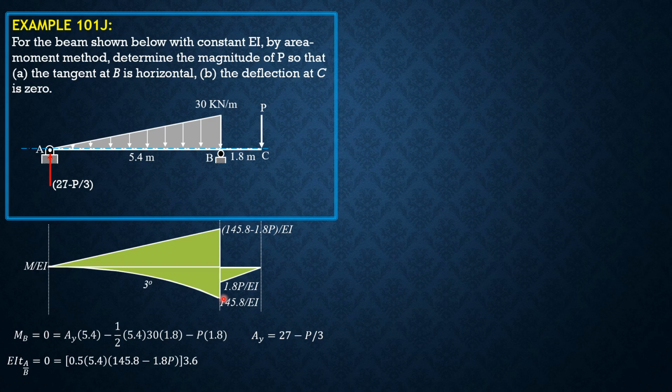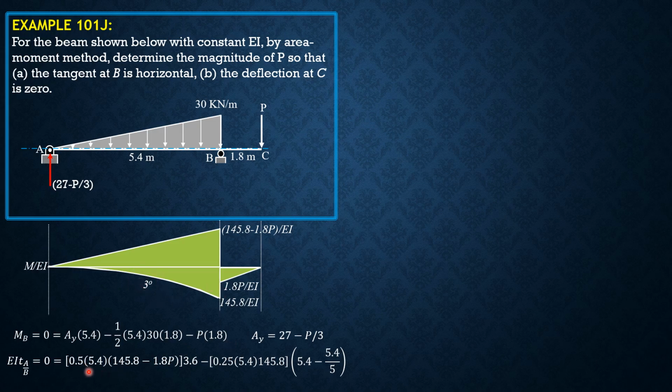Minus the area of this third degree curve, which is 1/4 or 0.25 of 5.4 times 5.4 over 5, so this distance is 5.4 minus 5.4 over 5, or simply 4/5 of 5.4. The distance of the centroid of the third degree curve from A is 5.4 minus 5.4 over 5, where 5 is n, the third degree, plus 2.